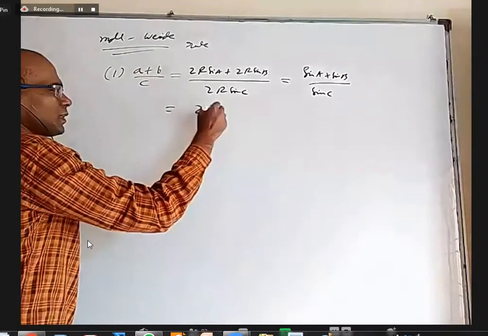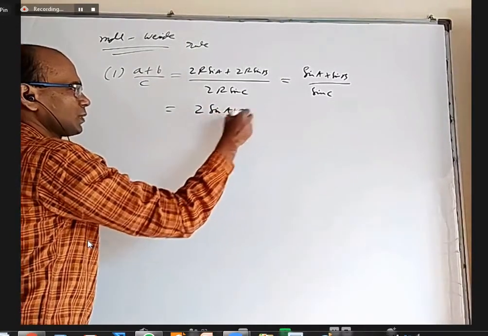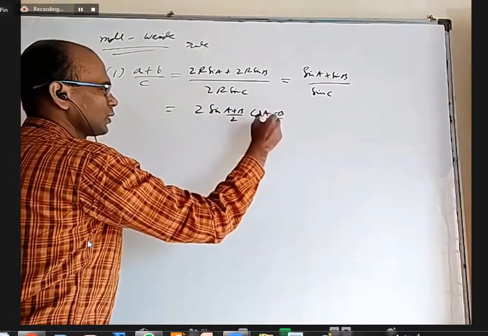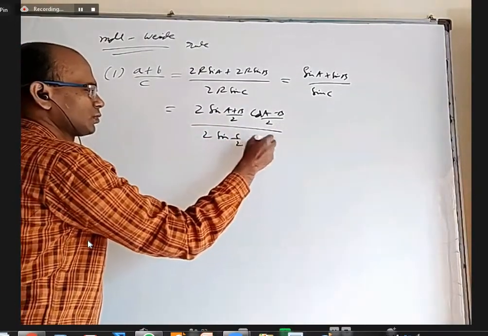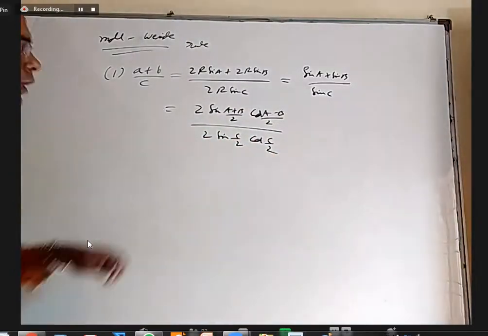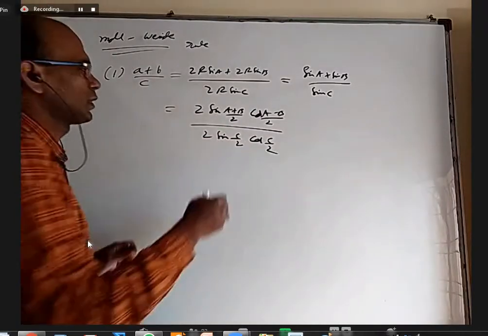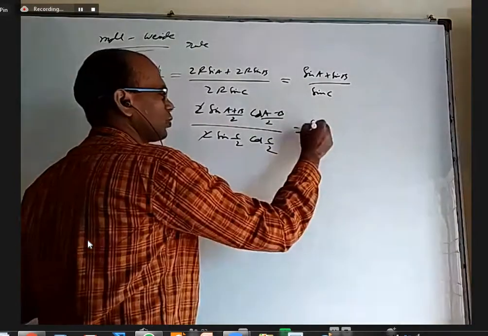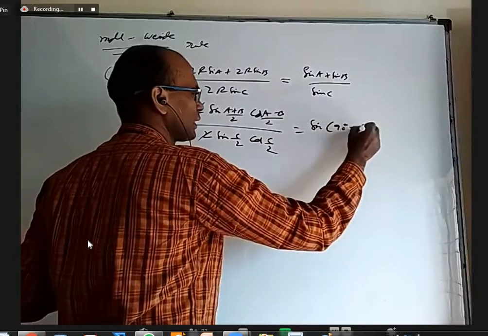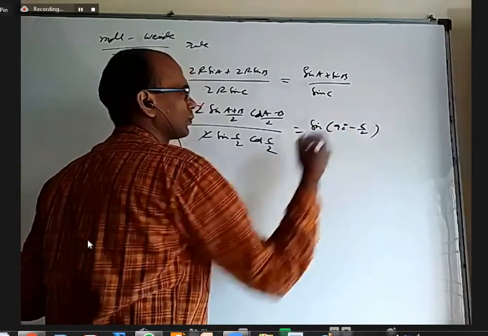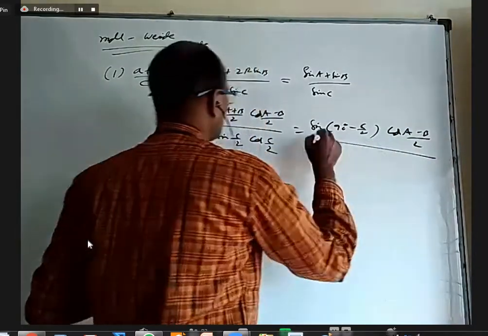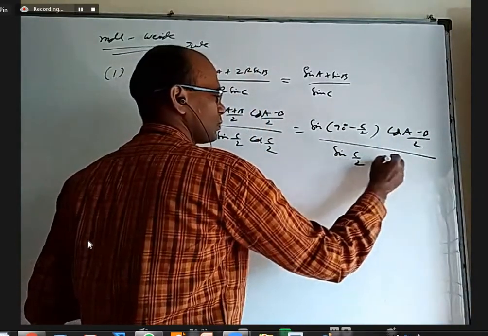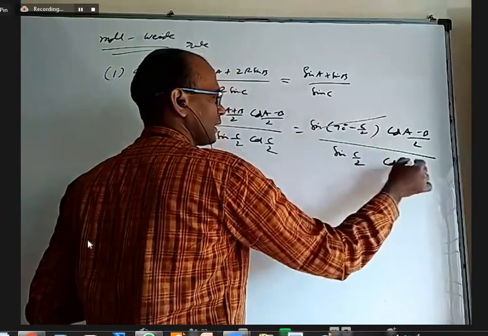Sine A plus sine B is 2 sine (A plus B)/2 cos (A minus B)/2 according to transformation. Sine C is 2 sine C/2 cos C/2. But sine (A plus B)/2 and cos C/2 are the same, because (A plus B)/2 I can write as 90 minus C/2. So sine C/2 and cos C/2 cancel.